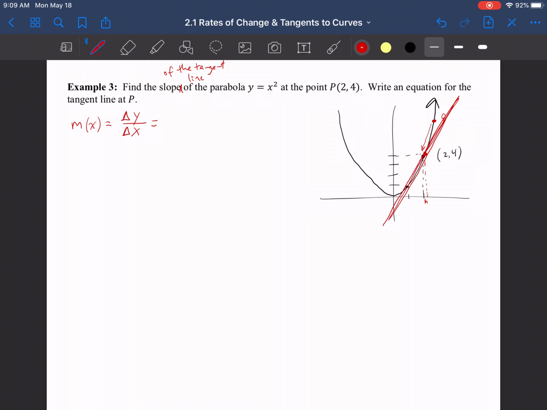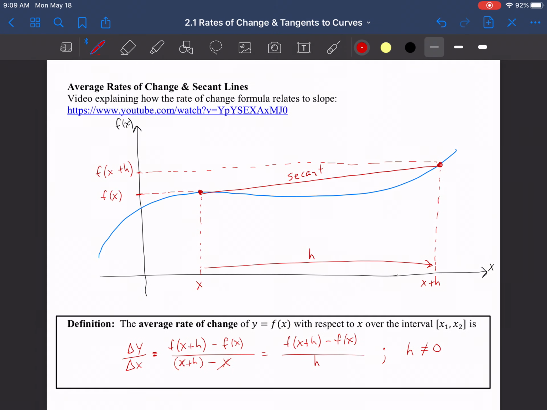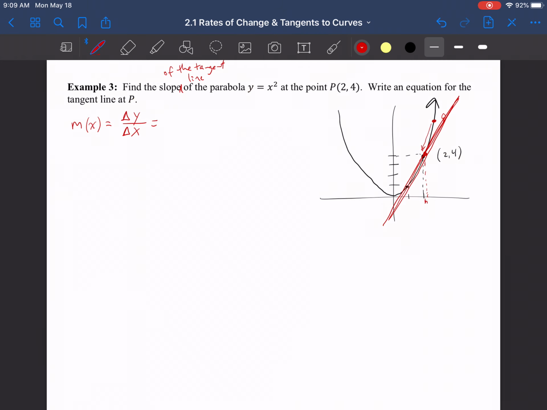And then we're going to go delta y over delta x, and from our previous look, that's this right here, okay? And so we come back, and it's f of x plus h minus f of x all over h. That's our average slope.